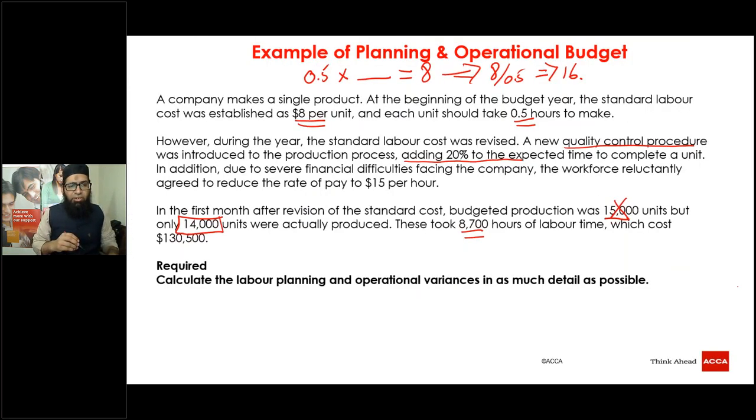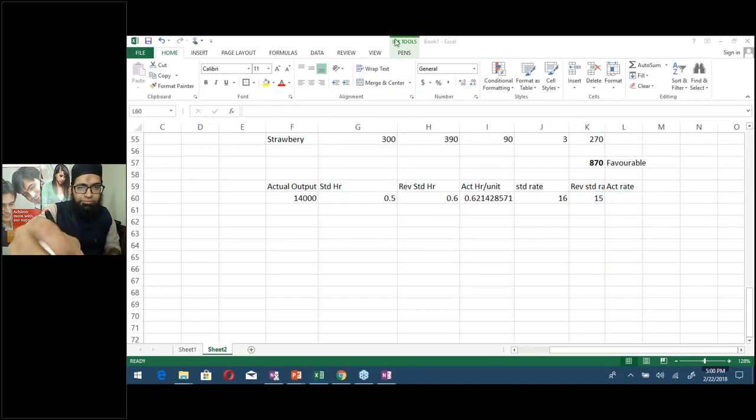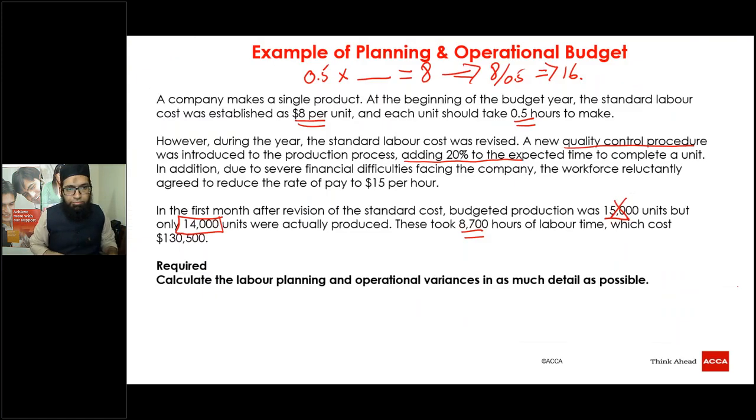Now the revised standard rate is provided in the question, and that is $15. It is given in the question. And the actual rate will be the actual cost divided by the actual hours.